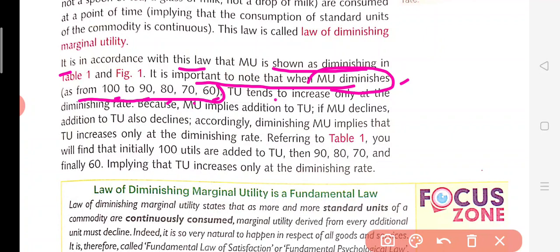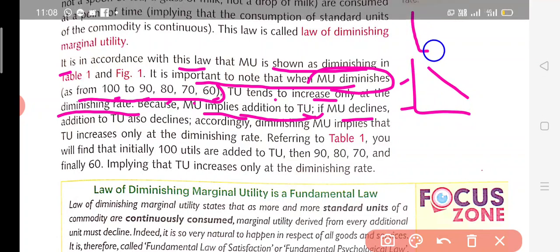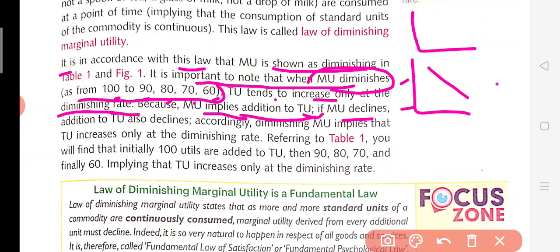So TU tends to increase only at a diminishing rate, because MU means addition to the TU. What is the MU? It is addition to the TU. If MU is falling like this, that is the reason that your total utility is going like this at a decreasing rate.